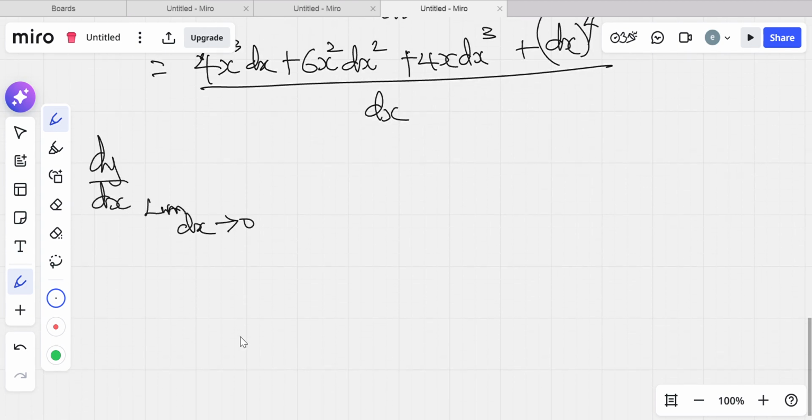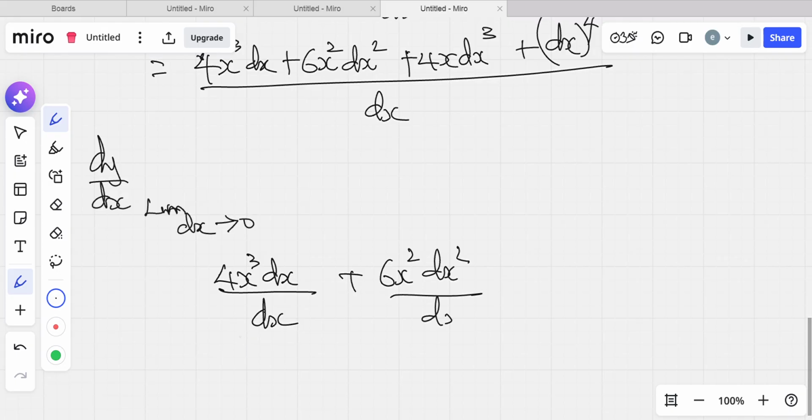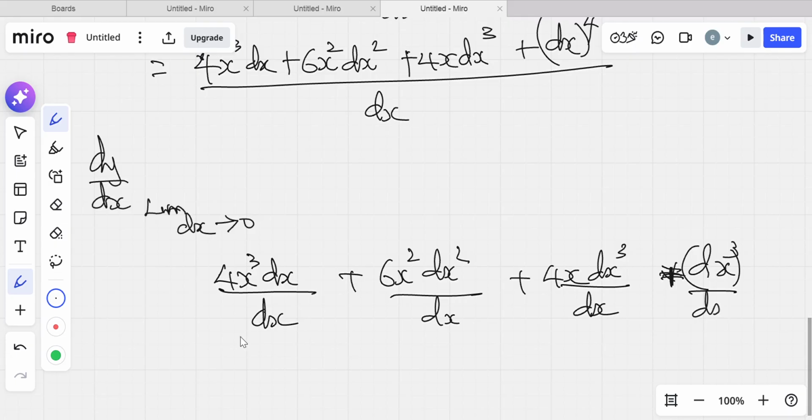If you simplify this by removing the fraction, we have 4x to the power 3 dx over dx plus 6x to the power 2 dx to the power 2 over dx plus 4x dx to the power 3 over dx plus dx to the power 4 over dx.